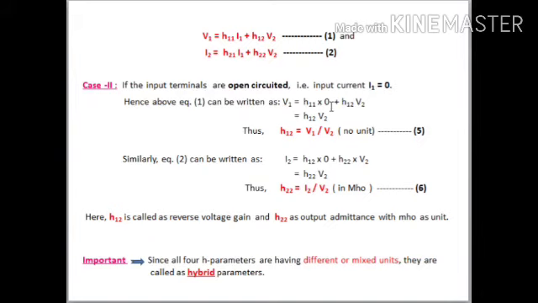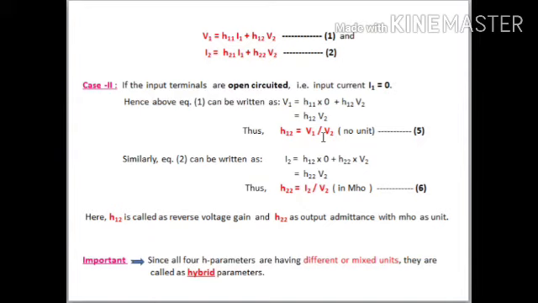Now H11 into 0 becomes 0, the remaining is H12 into V2, and we are interested in finding the value of H12. So we transfer this V2 to the left side, and finally it becomes H12 equals V1 upon V2.